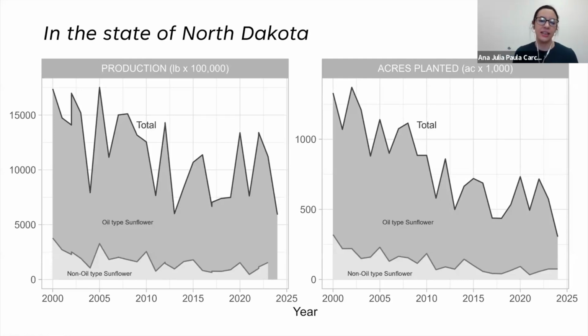And if we see the non-oil type, the confectionery sunflower, that proportion has remained quite steady, so oil type sunflower is more predominant. The rest of the presentation today is going to be more focused on oil type sunflower.